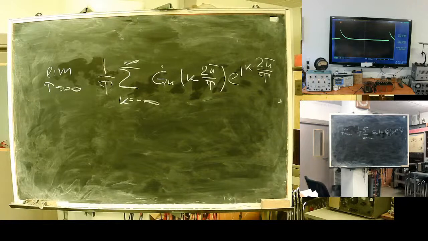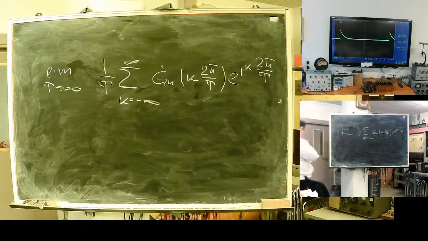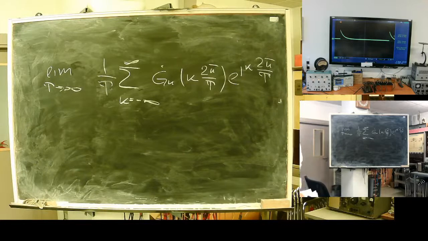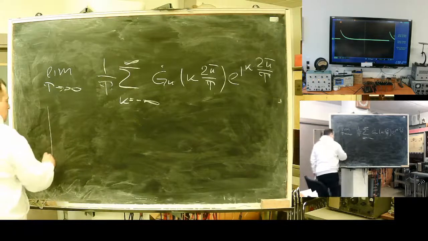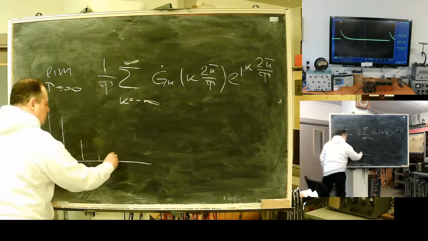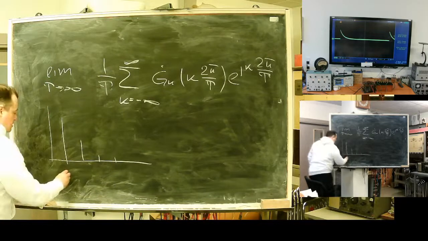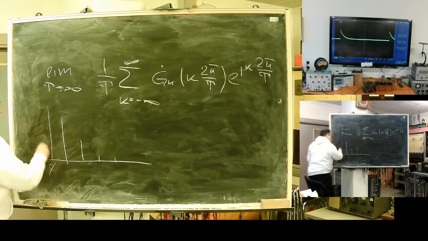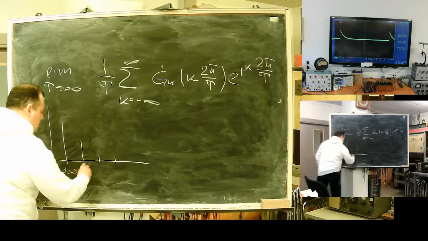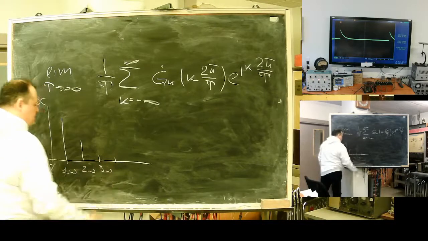Let's try to look closer. And at close, we need to understand one moment. Remember our experiment with rectangular pulses. We had a spectral line. Any periodic signal can be schematically shown as a line at 0, the DC component, 1 omega, 2 omegas, 3 omegas, and so on.